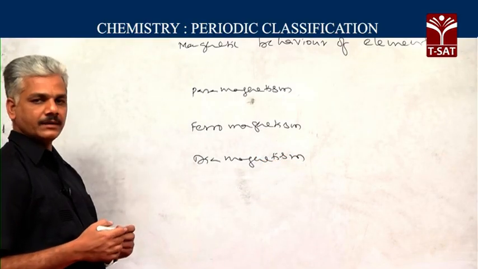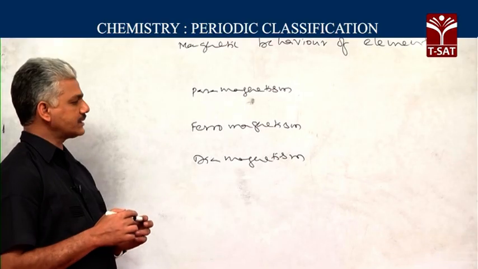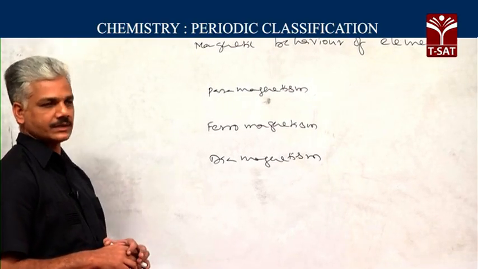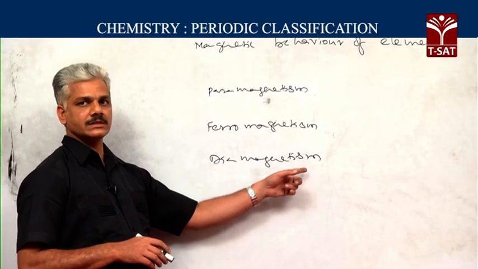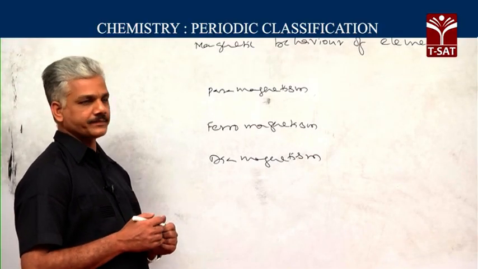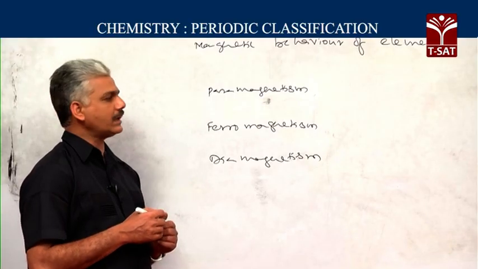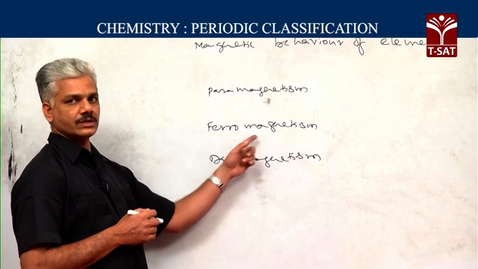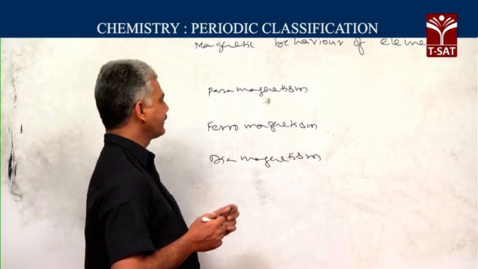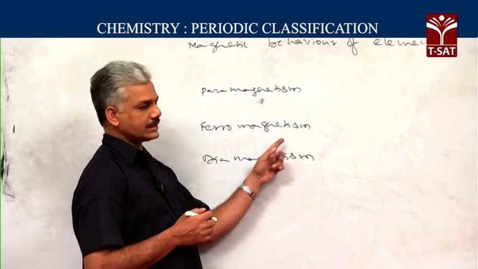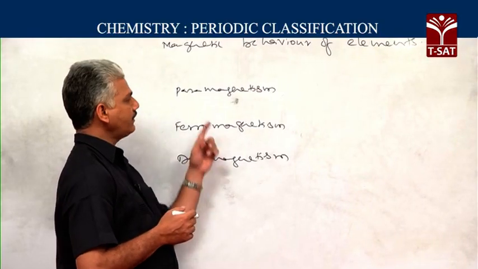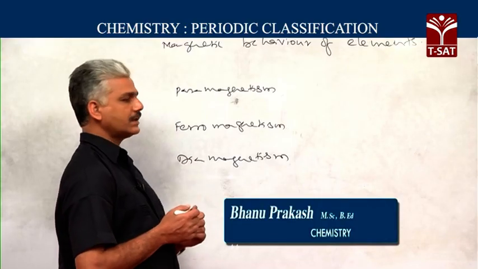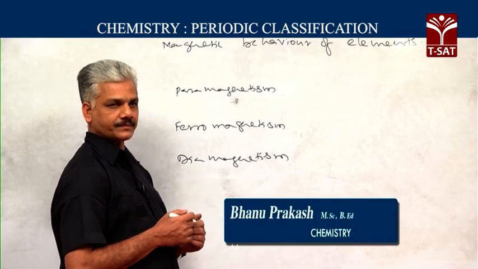When an element is placed in an external magnetic field, if it is not at all attracted towards it, that property is called diamagnetism. Whereas, if an element placed in an external magnetic field is strongly attracted towards it, that character is known as ferromagnetism. If weak attraction towards the external magnetic field is observed, that is called paramagnetism.